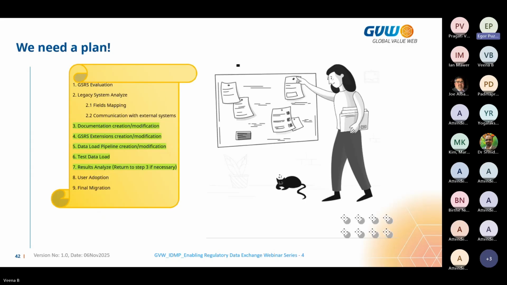So before we start, we need a plan for how we can successfully do such a migration, and we need to start first with the evaluation of GSRS and check if this software really can cover all our needs. If we find that GSRS is exactly what we need, then we can analyze our existing legacy system. We need to define field mapping and communication with external systems or external components in our system landscape.